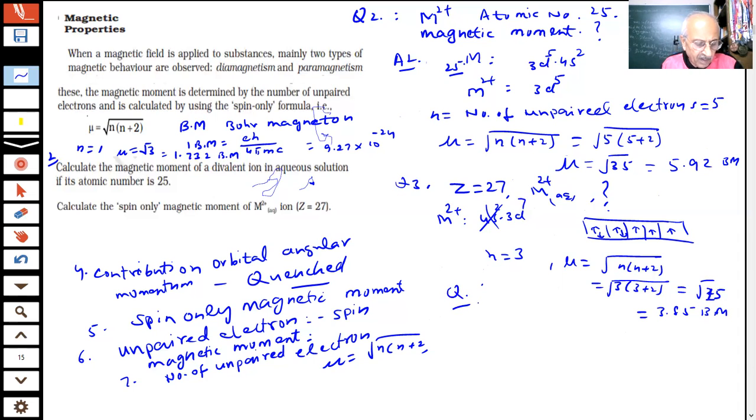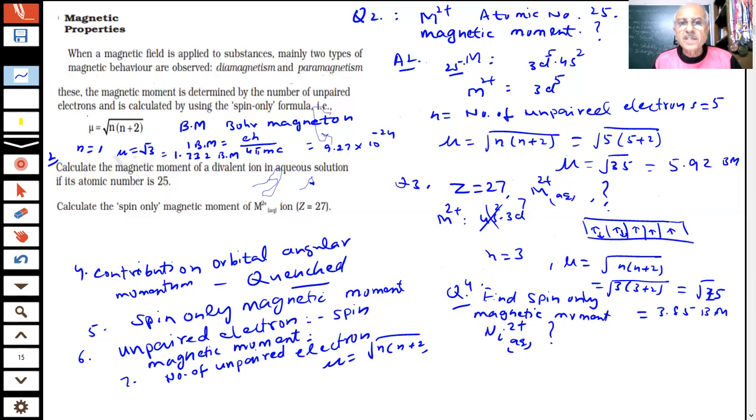The question was to find the spin only magnetic moment of Ni2+. Nickel 2 plus. Okay. It's 3d8.